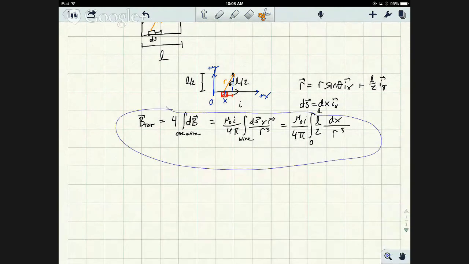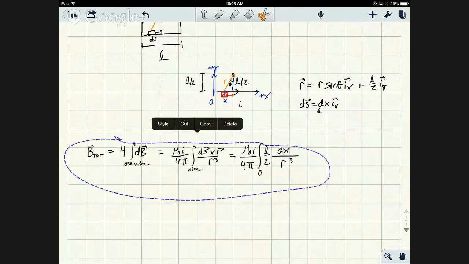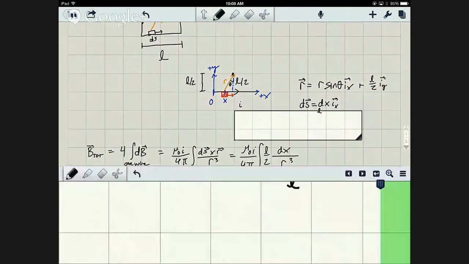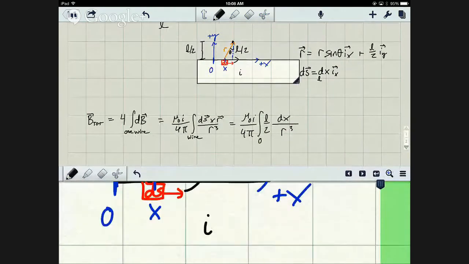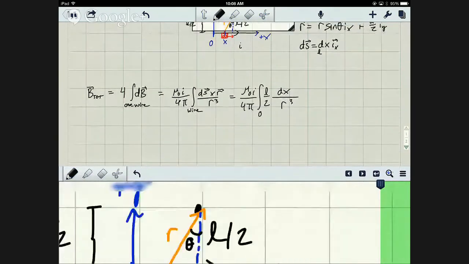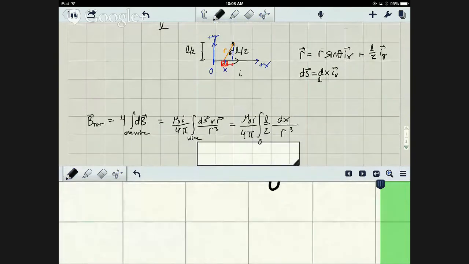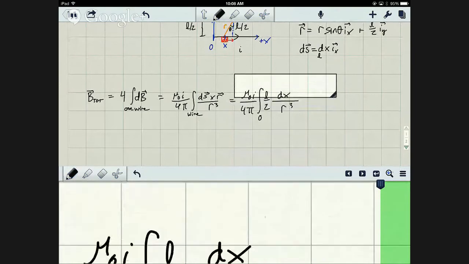Let's go ahead and move this out of the way. And so, oh, forgot my bound.